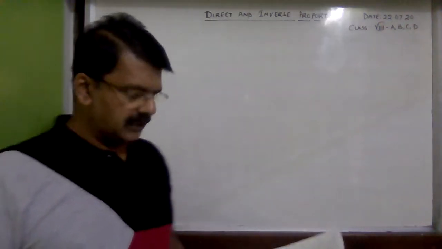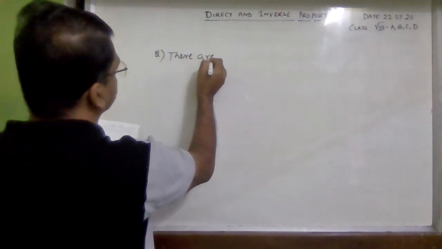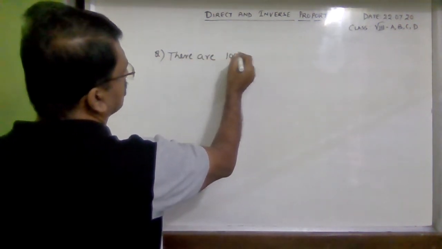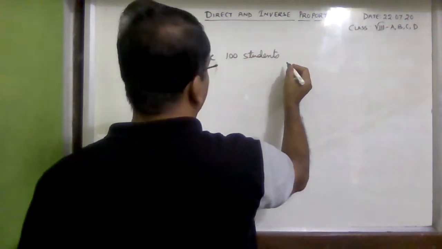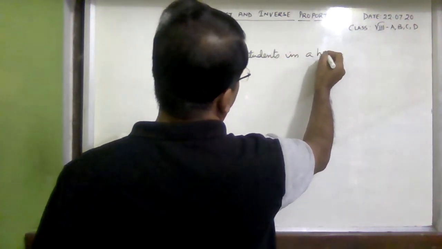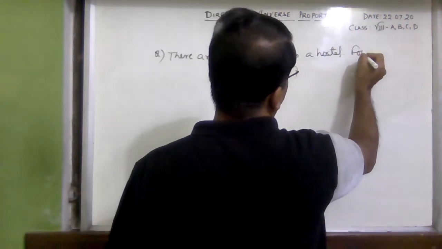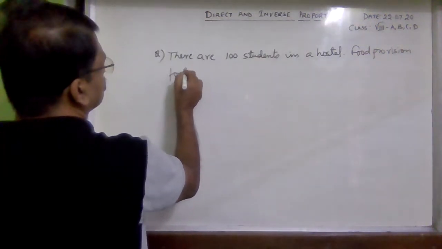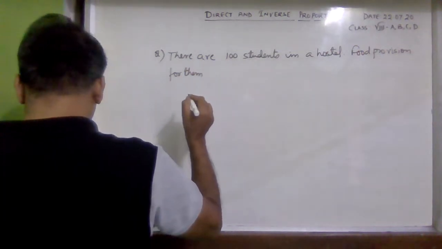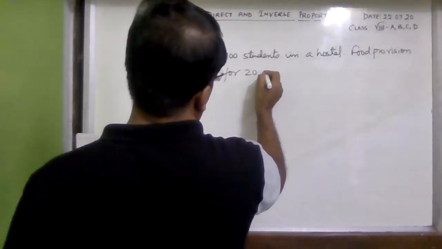Next question. There are 100 students in a hostel. Food provision for them is for 20 days.